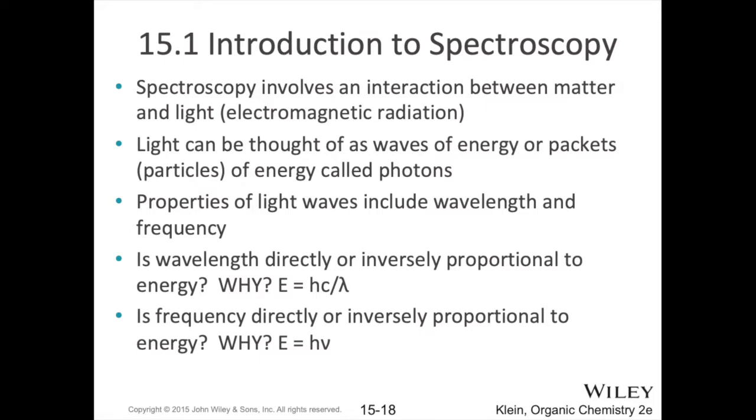When we look at light, remember you have light that travels either as particles, photons, or we could describe it as traveling in waves. These are all legitimate ways to think of electromagnetic radiation. They have an energy, a wavelength, and a frequency.